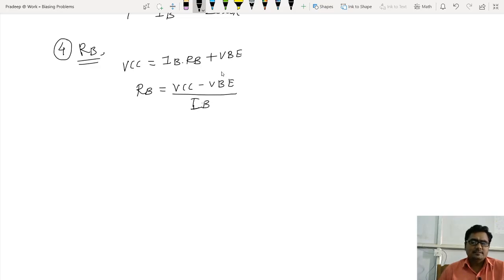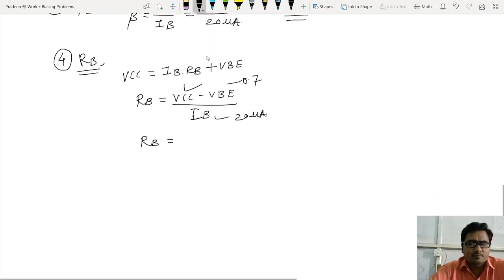Now the VCC already we have calculated. VBE is always 0.7 because we have assumed that I am using a transistor made of silicon material. So I am writing 0.7. IB is also given, it is 20 microamperes. Then what will be the value of RB? VCC we have calculated 17.94.